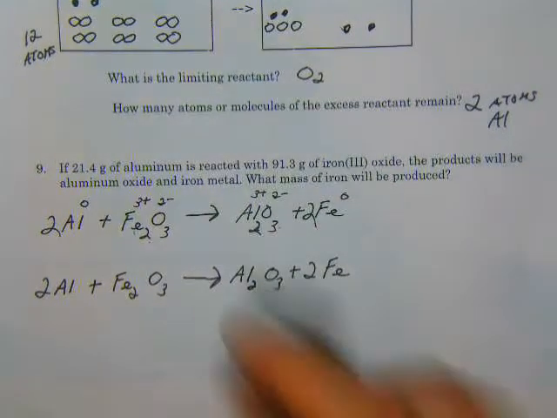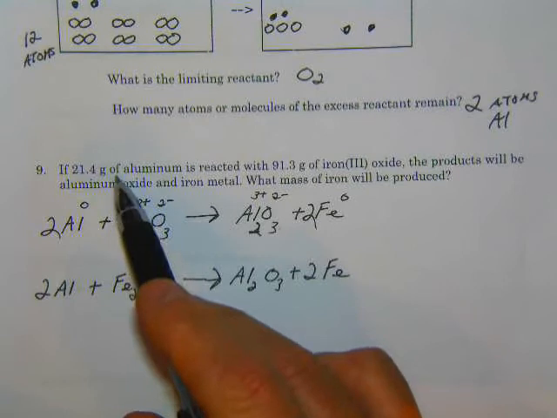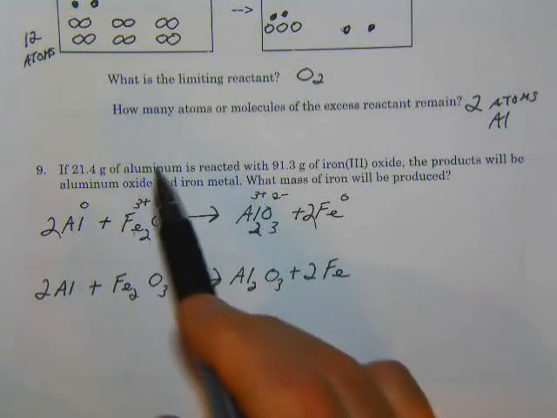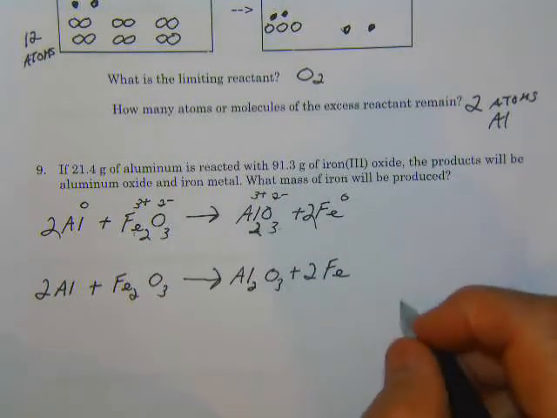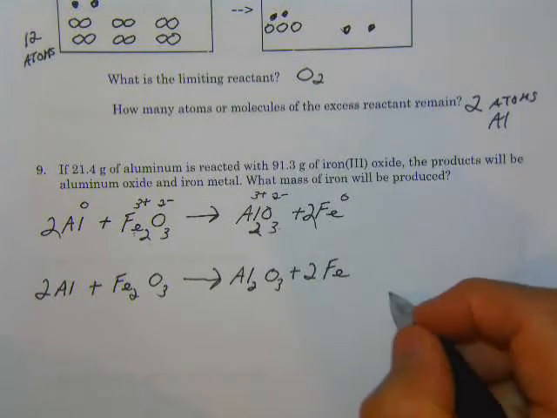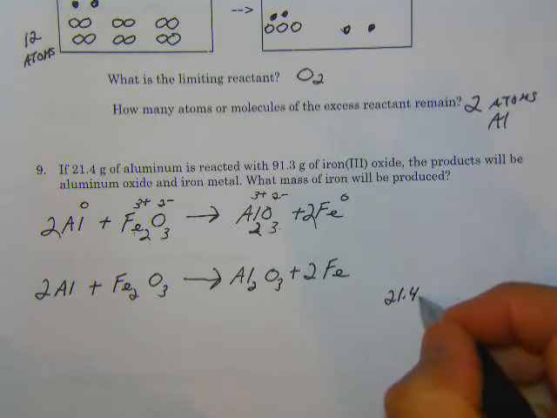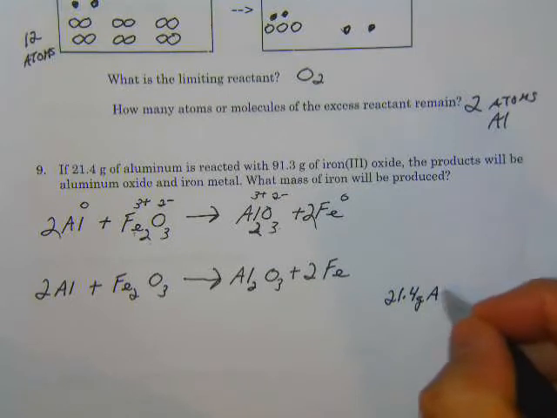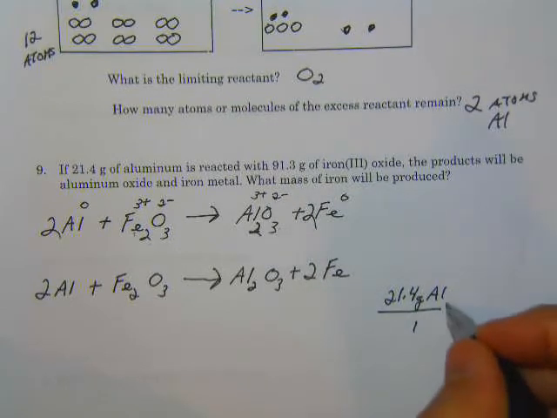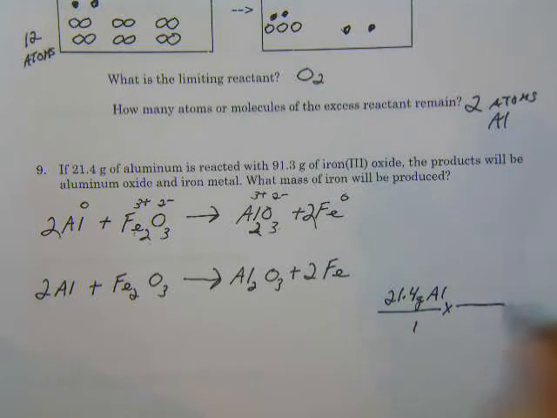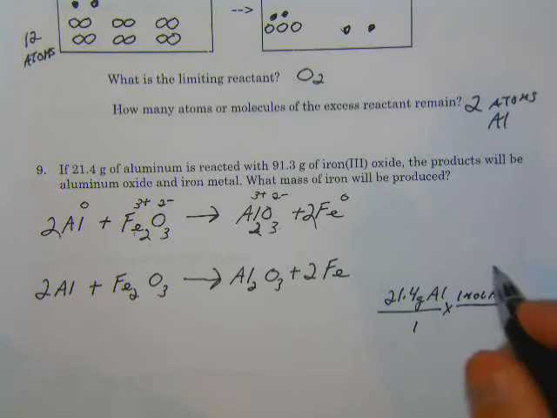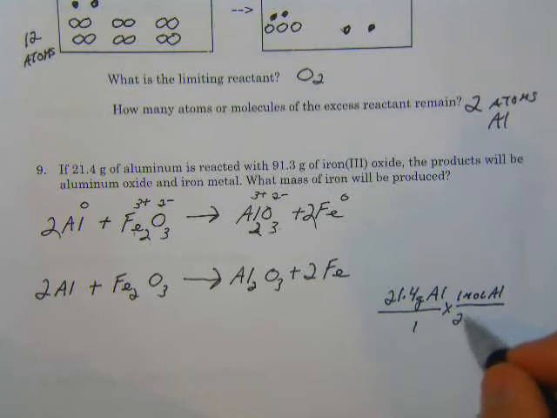So let's start with the first one. I have 21.4 grams of aluminum, and I have to get that to moles. So 21.4 grams of aluminum over 1, and 1 mole of aluminum is 27.0 grams of aluminum.